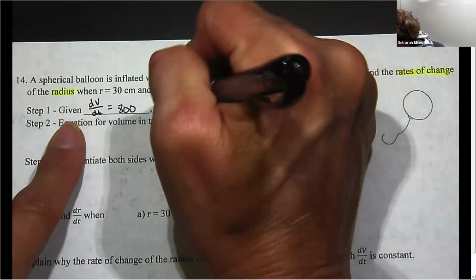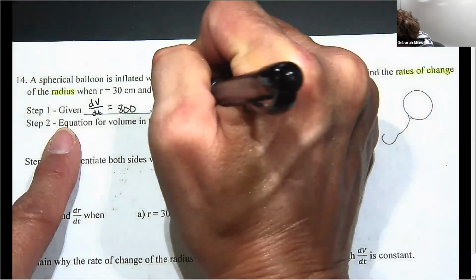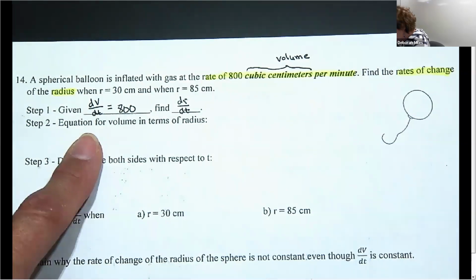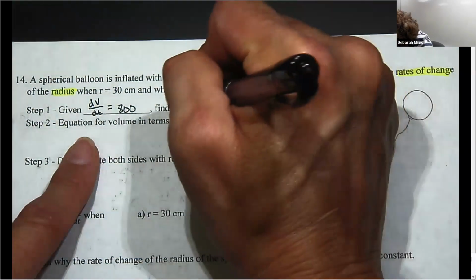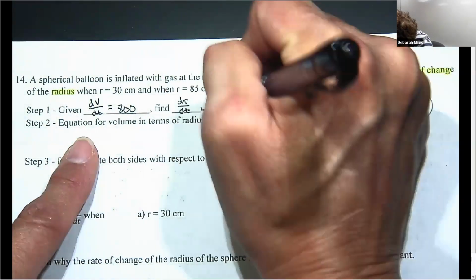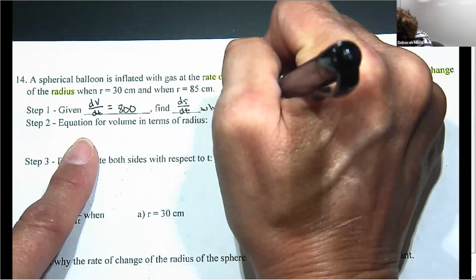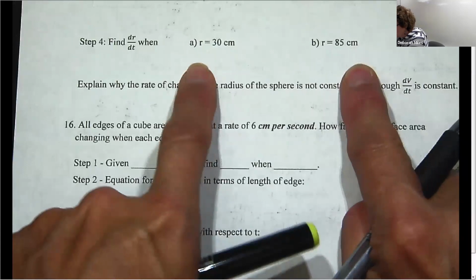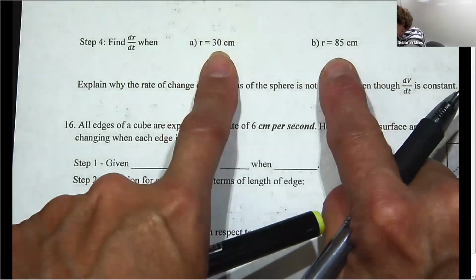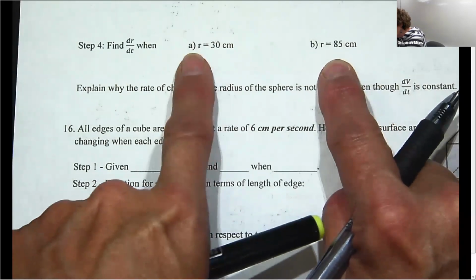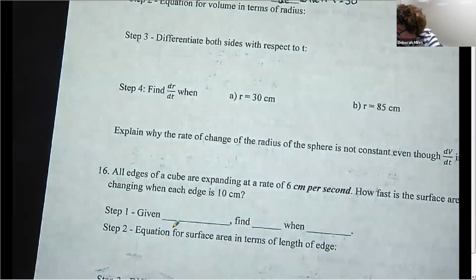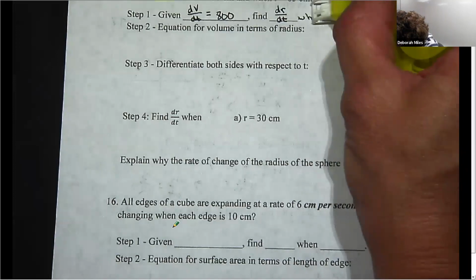Yeah, that's dr over dt. And I could have left a longer blank there and said when r is 30. Oh, I have it right here. We're going to do the a and the b part. The a part is when r is 30 and the b part is when r is 85. So I don't need that right there. I have it below.